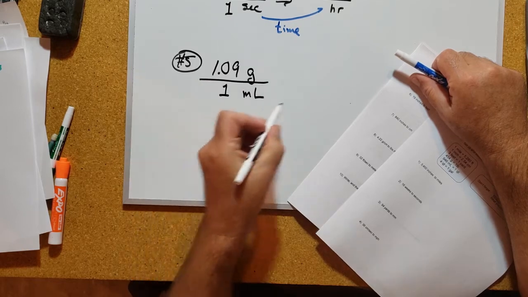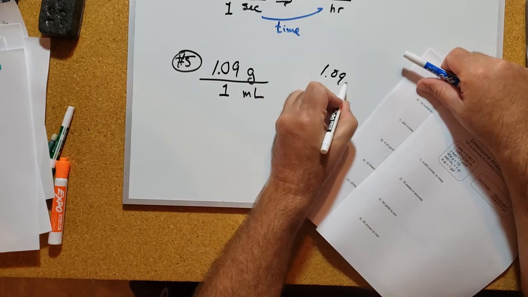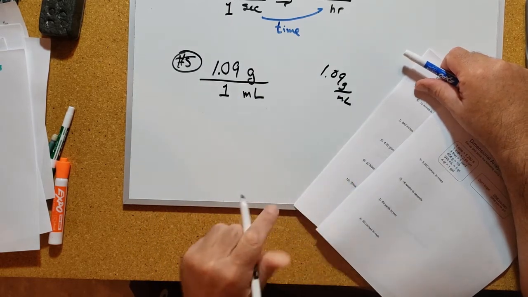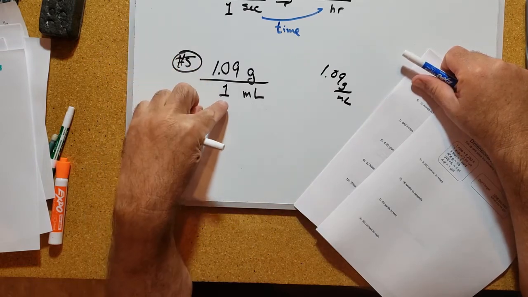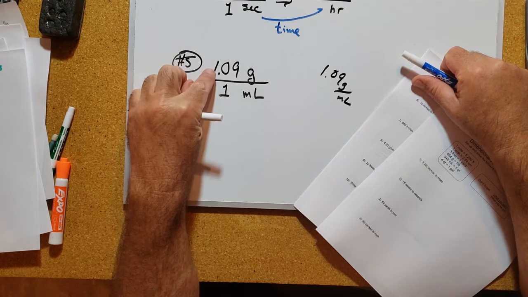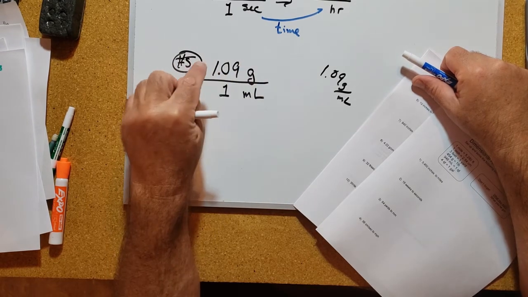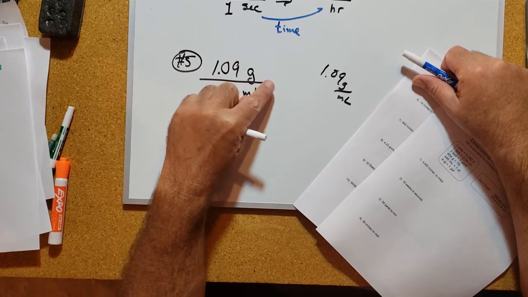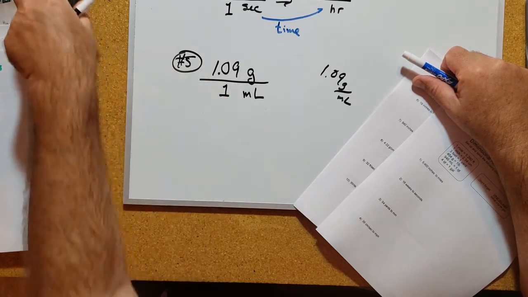Now normally we write it as 1.09 grams per milliliter, but what we really mean is that for every 1 milliliter of volume of the material, we would measure its mass to be 1.09 grams.